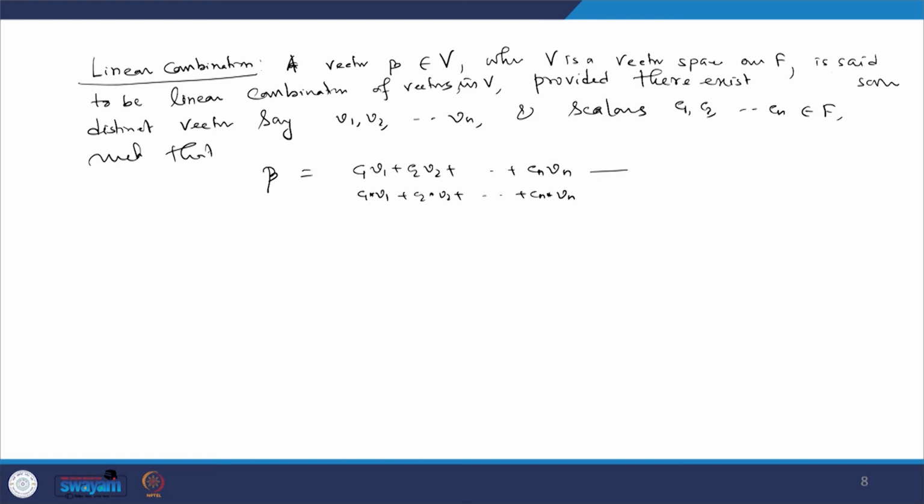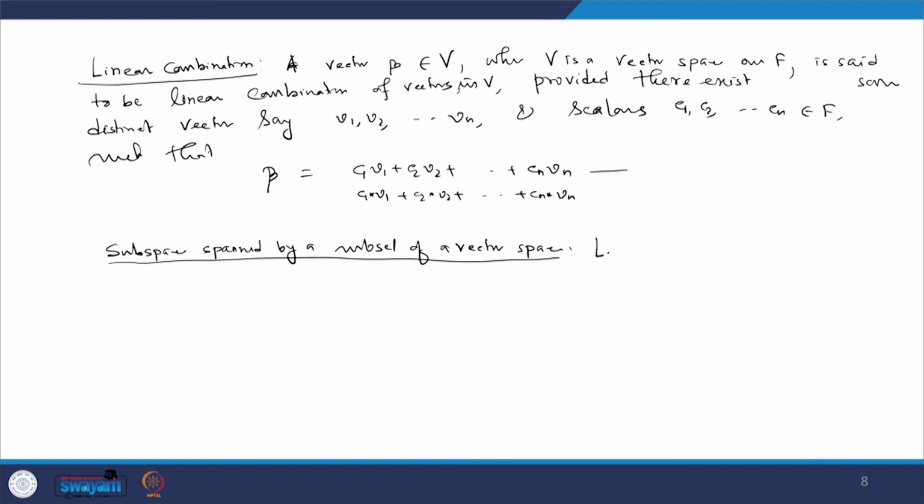So, let me introduce some more terminology: subspace spanned by a subset of a vector space. What is the meaning of this?